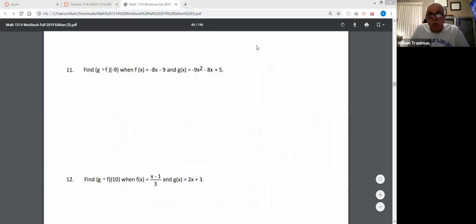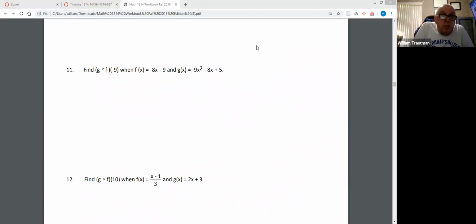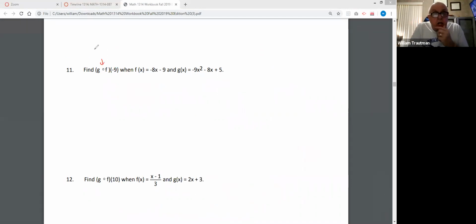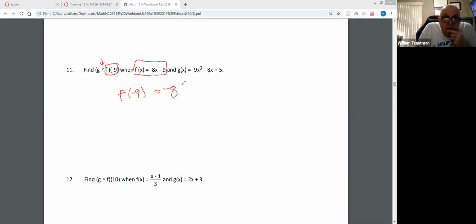And remember, this is the symbol for composite. And composite means first we have to find this answer, f of negative 9.